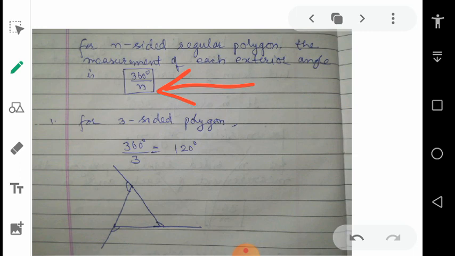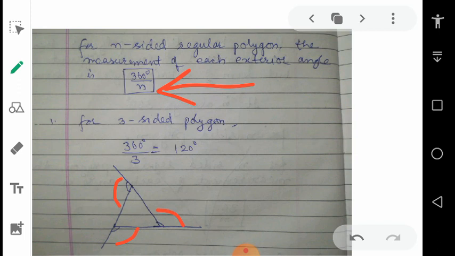See the figure, there is a triangle and three sides are extended to make the exterior angles. This is an exterior angle, this also and this also. As we know the sum of all these is 360, and all these are equal also, it means we divide by the number of sides. Simply we will get the value of each exterior angle.